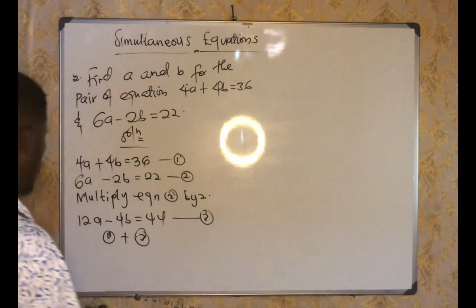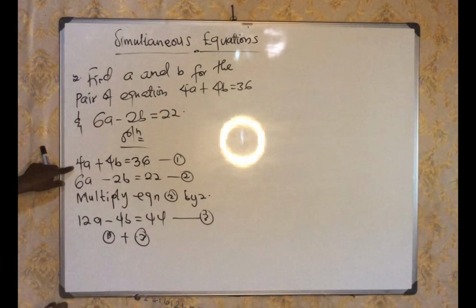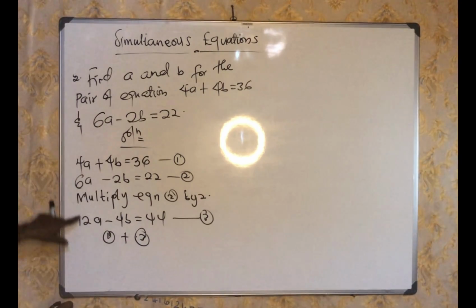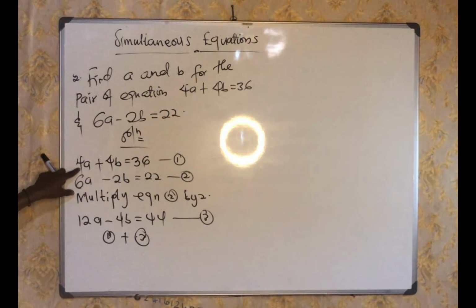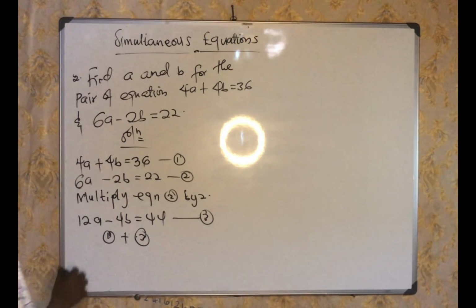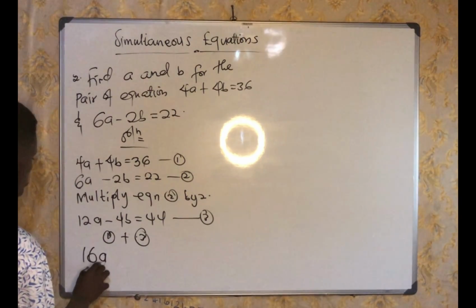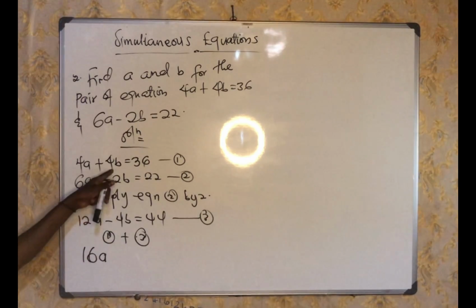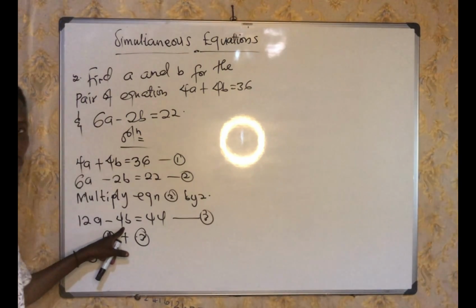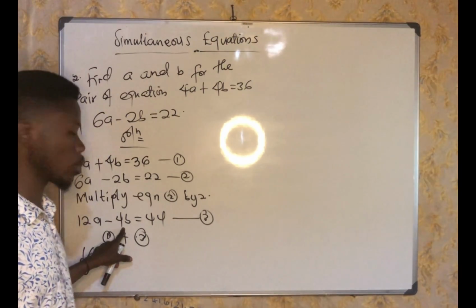If I do that, what do I have? This is my equation 1, and this is my equation 3. This is 4a, this is 12a. If I add these two, what am I getting? 16a. This is 4b, this is negative 4b. If I add these two, I'll get 0, so I will not even write it.